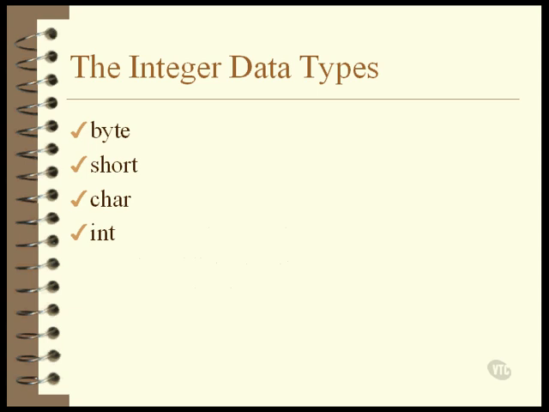Here we have our star. If you had to pick one data type that was more popular than all the others, it would be the int. It seems to be the one that's used most often. It's normally the one we choose for indexes and loop counters, for simple arithmetic, and to generally keep track of numbers for us. It's a signed 32-bit value. Most computers today are 32-bit machines, so we tend to use 32-bit values without thinking much about it.